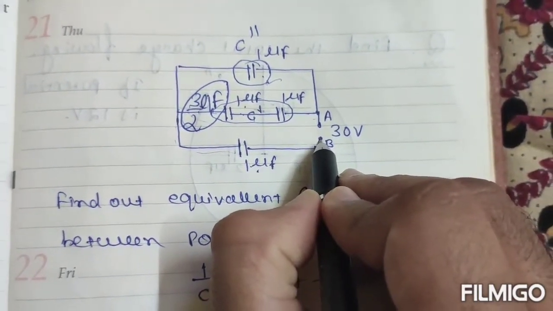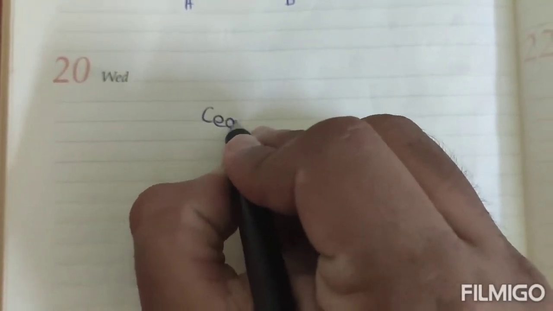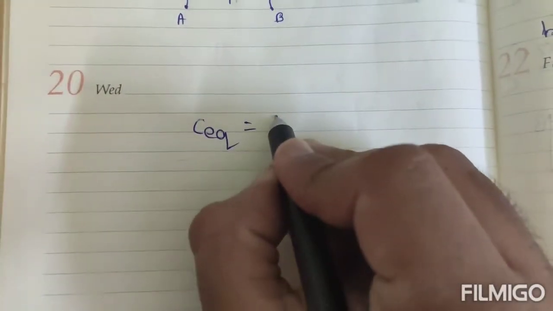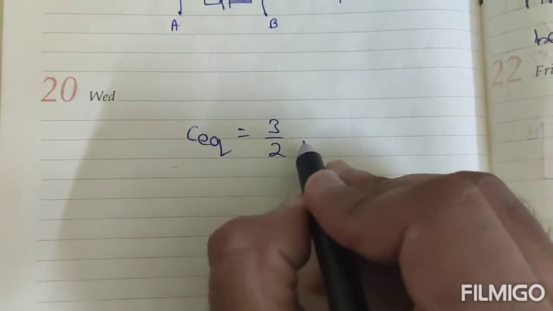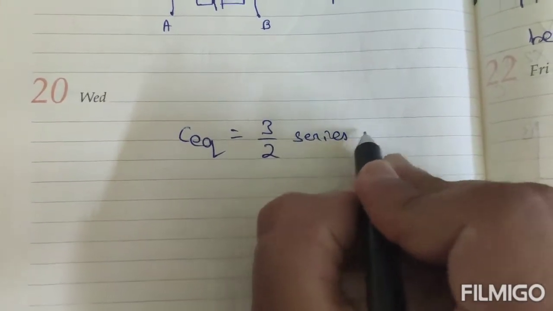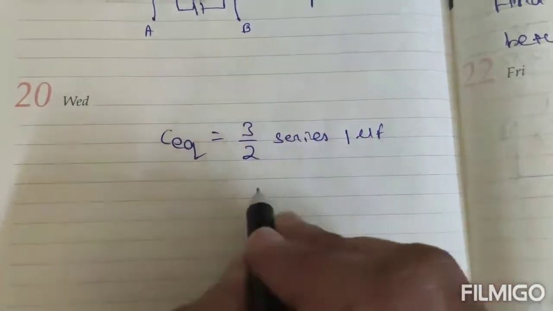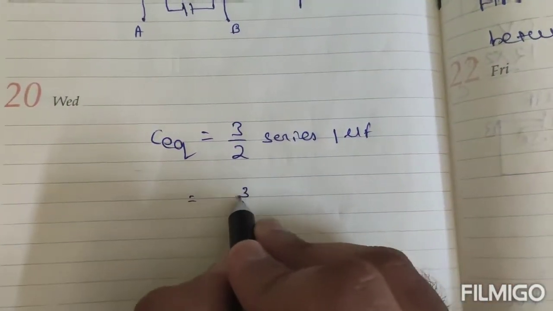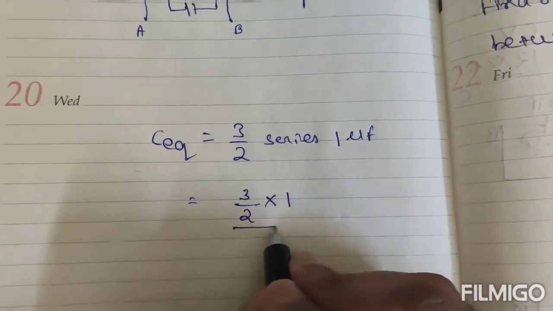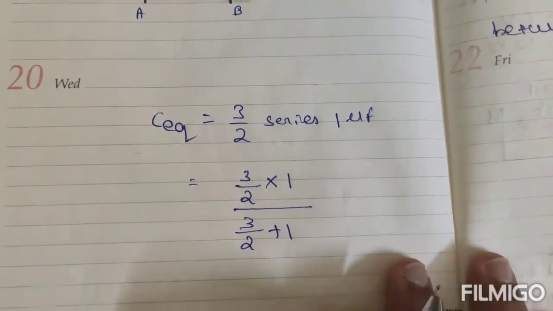If single way, so what kind of connection? So the answer is C equivalent is equal to 3 by 2 in series with 1 microfarad, right? So it can be solved. The series formula is 3 by 2 into 1 by 3 by 2 plus 1, right?